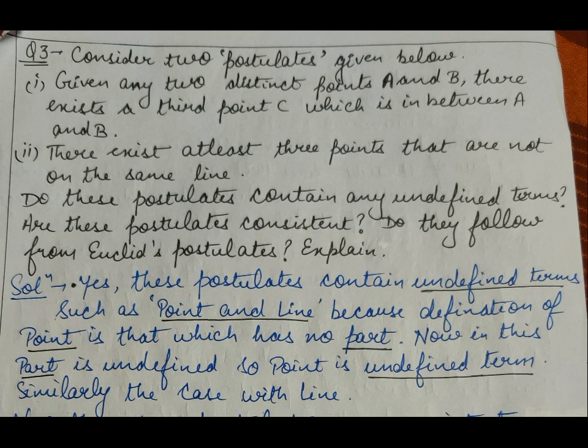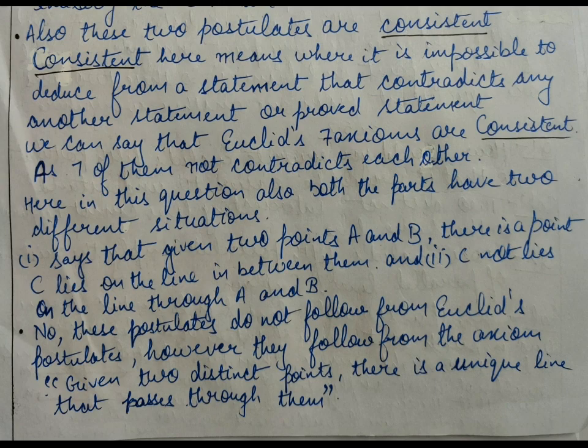So first is, yes, these postulates contain undefined terms such as point and line, because the definition of a point is that which has no part. Now here you can see that part is undefined, so point is also to be considered an undefined term. Similarly, the case is with line. Then next is, also these two postulates are consistent.